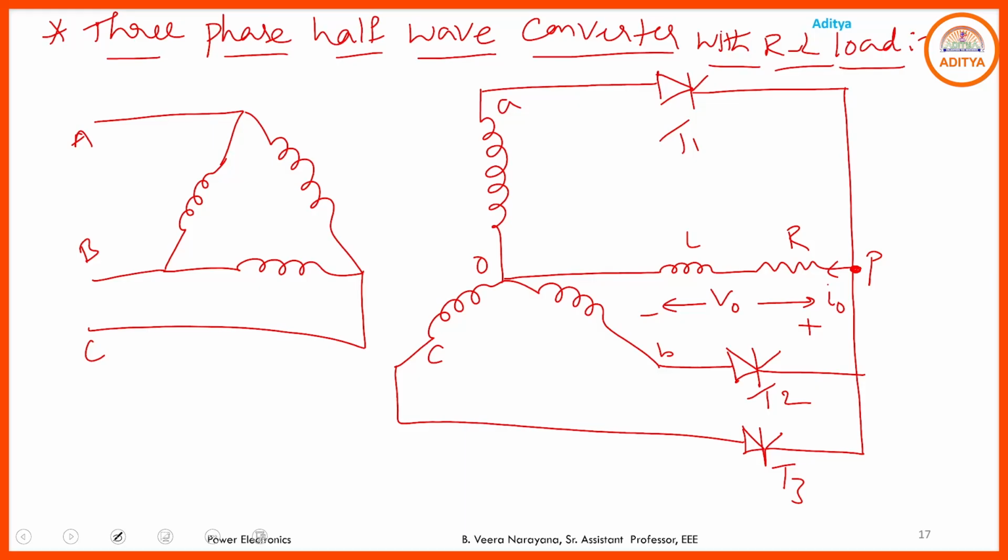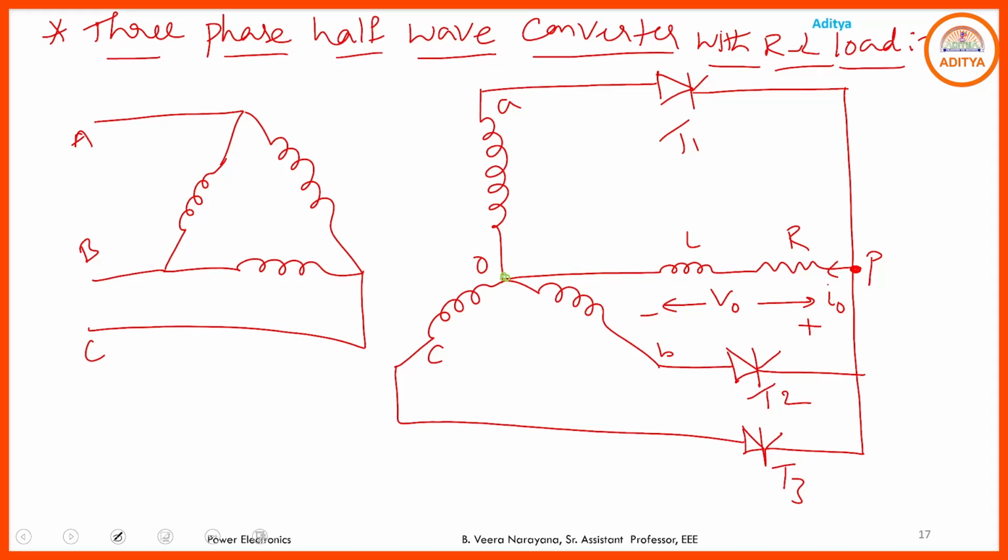In each phase we keep a single SCR, and the load is connected between the neutral point of the secondary winding of the three-phase transformer and the common cathodes of the thyristors. Here we have three thyristors numbered T1, T2, T3, and a combination of resistor and inductor is connected as the load.